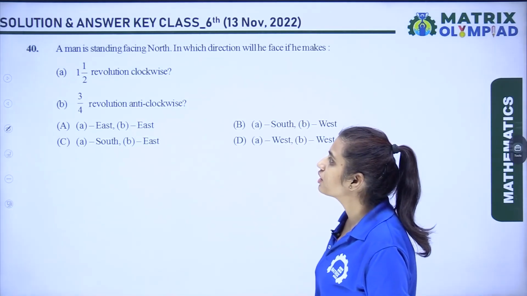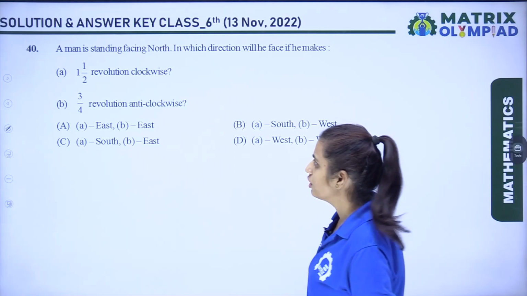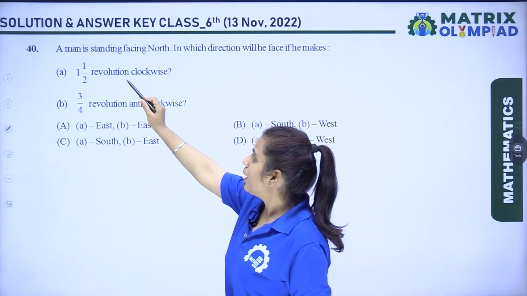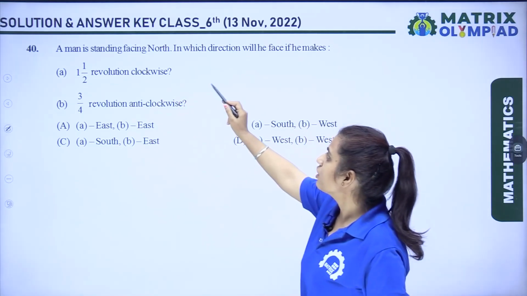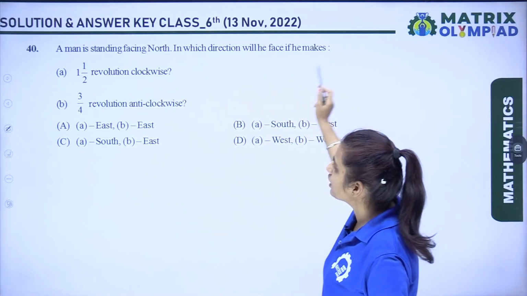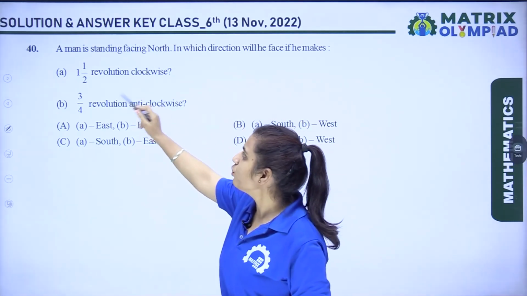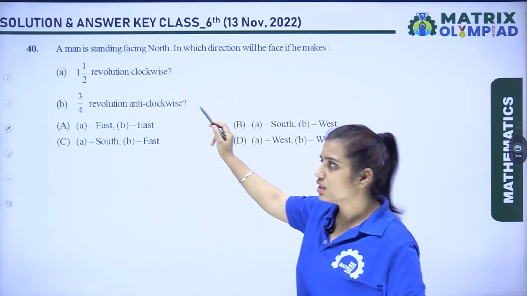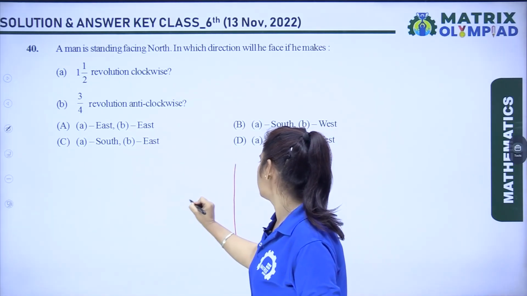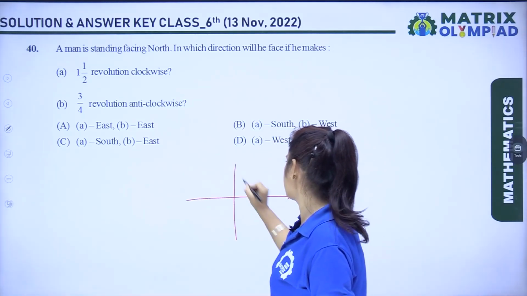Let's begin with the next question of the paper. Question number 40. A man is standing facing north. In which direction will he face if he makes 1 by 2 revolution clockwise? Now, here we have to draw the directions.